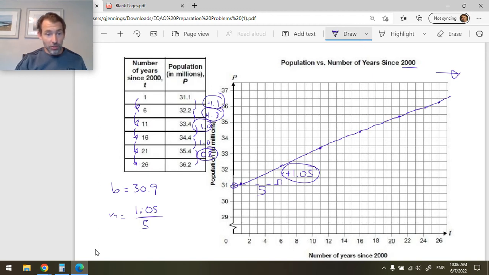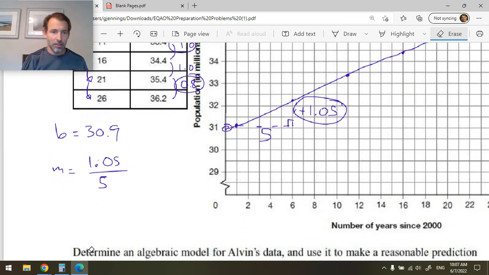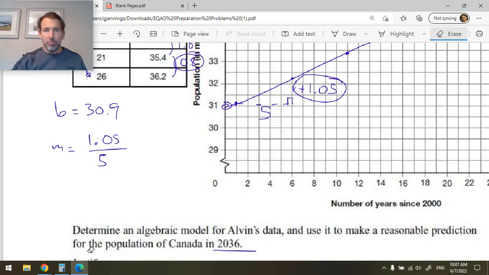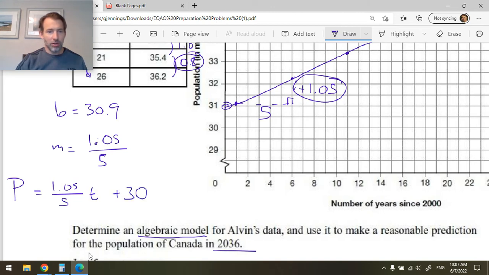Now I have an equation. Y is equal to, or I should use letters that make sense in the context. Okay, so P, and we were asked to determine an algebraic model, and that's exactly what we're doing. Population is equal to 1.05 over 5 multiplied by T years since 2000, plus 30.9 million.